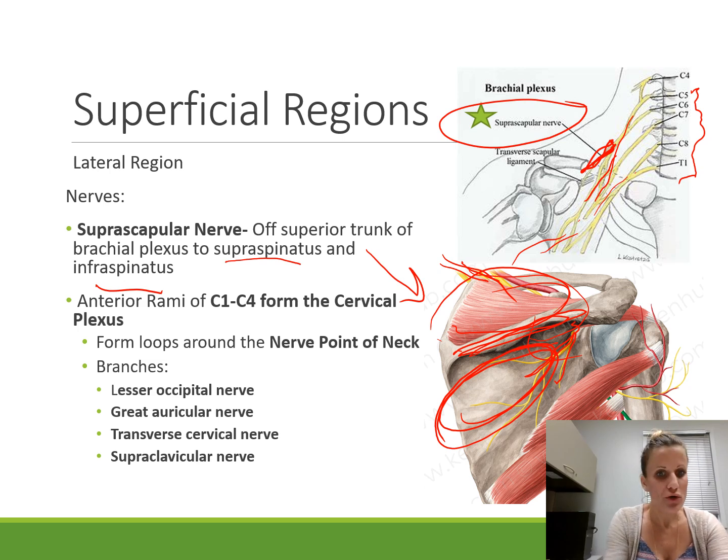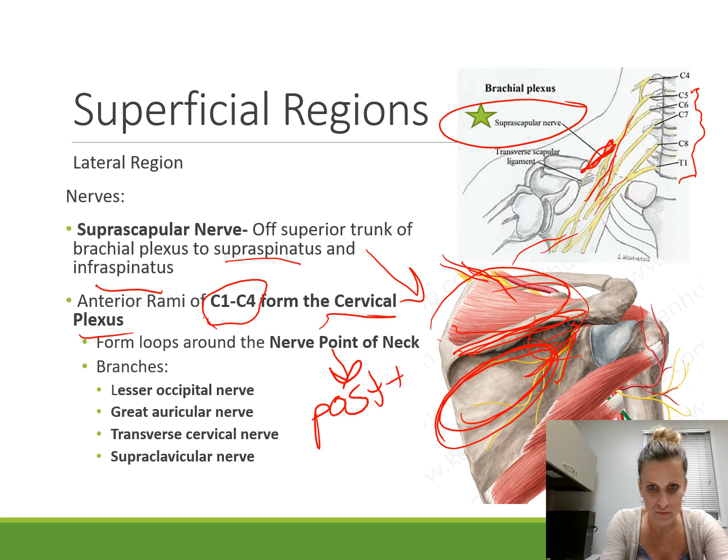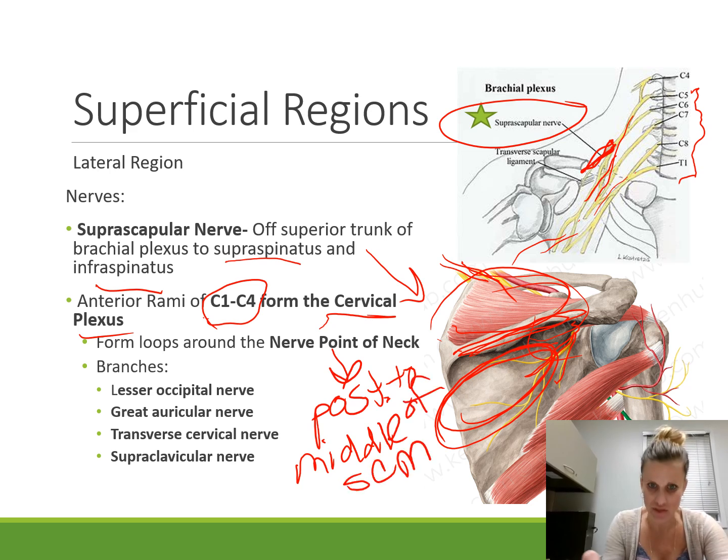So the anterior rami of C1 through C4 form the cervical plexus. And the cervical plexus forms what we call the nerve point. They're little loops that are just posterior to the middle of the sternocleidomastoid.